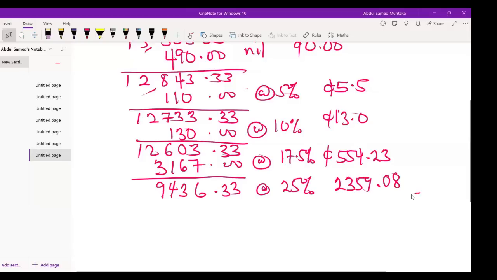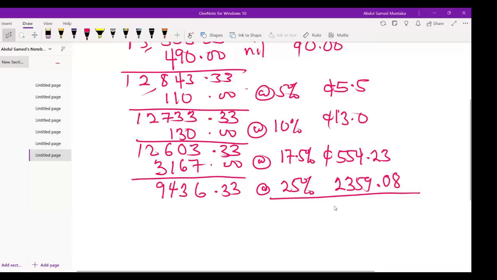So now that we have finished calculating the tax, we add all the tax paid, and we should get 5.5 plus 13 plus 554.23 plus 2,359.08.